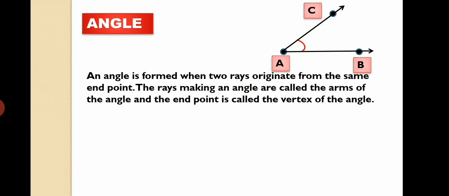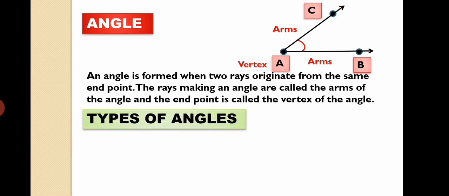The rays making an angle are called the arms of the angle and the end point is called the vertex of the angle. In this diagram you can see here two rays AB and AC are the arms of the angle and the end point A is the vertex of the angle.